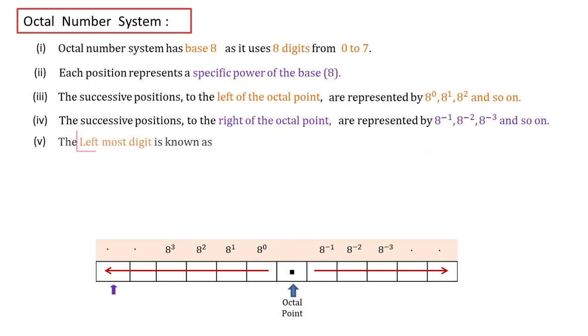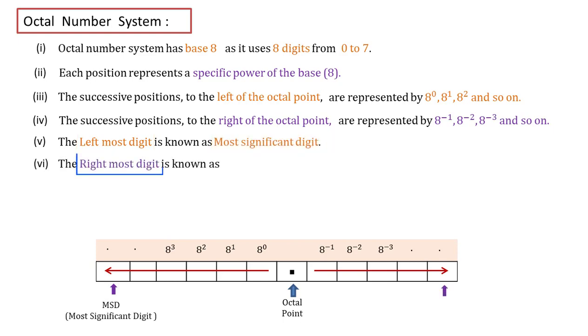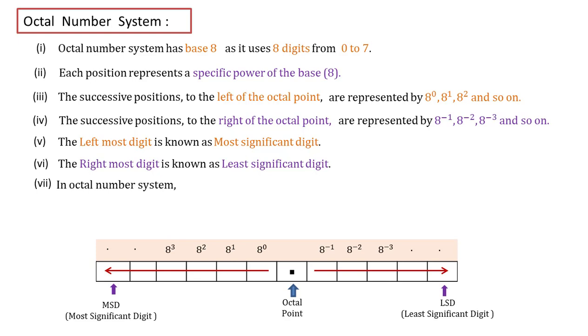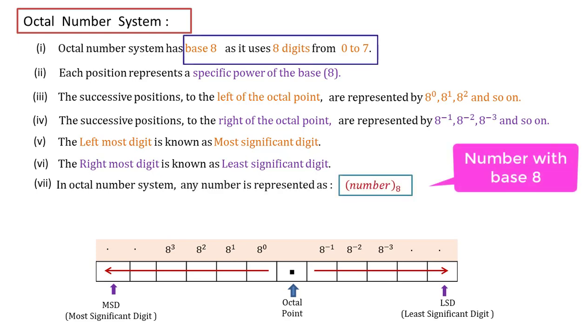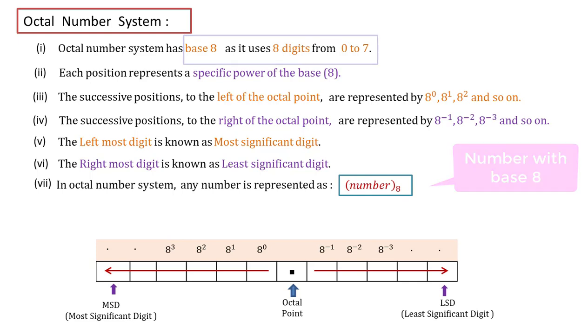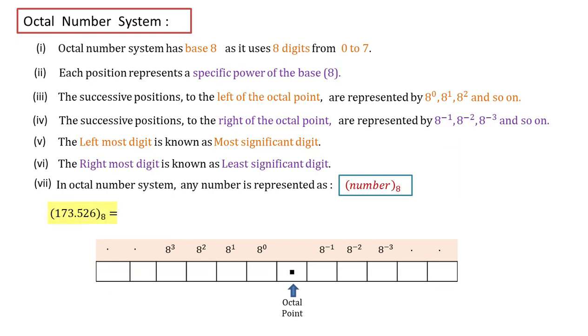Fifth, the leftmost digit is known as most significant digit. Sixth, the rightmost digit is known as least significant digit. Seventh, in octal number system, any number is represented as a sum of digits times powers of 8. Let us consider an octal number.